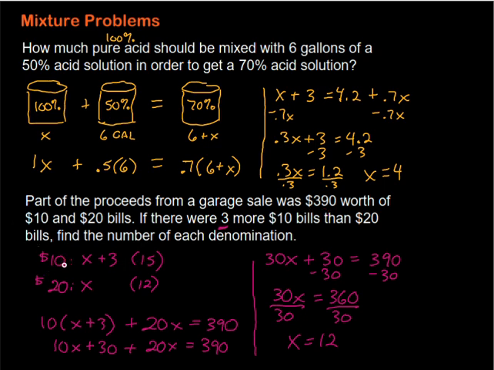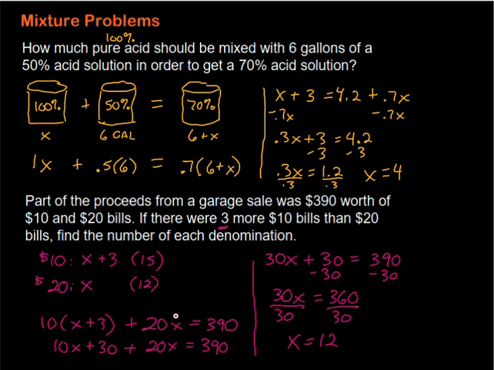If I multiply 10 times 15, that's $150. And then 20 times 12, that gives me 300 and what is that? 20 times 12? No, 240. So 240 and 150 adds up to 390. Perfect. And there's three more $10 bills than there are $20 bills.